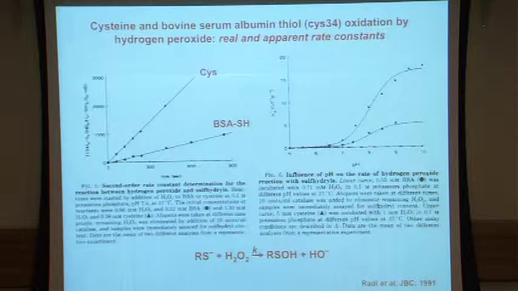The rate constant at pH 7.4, which is about physiologically relevant, for cysteine is about 3 to 4 per molar per second.